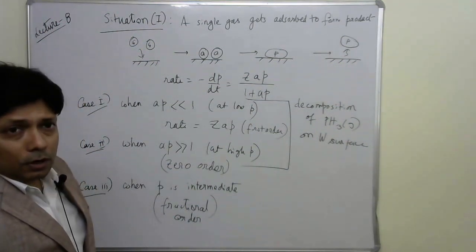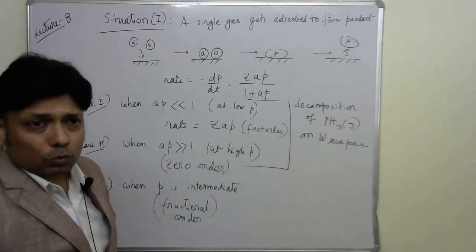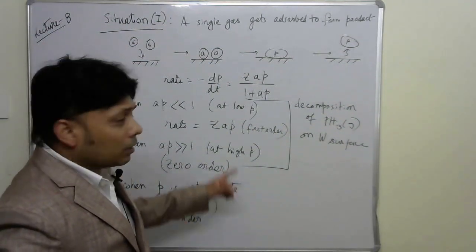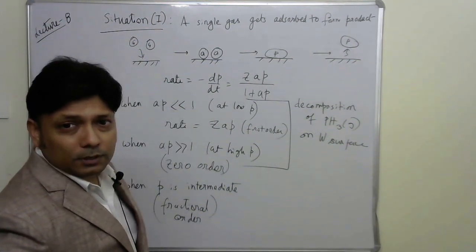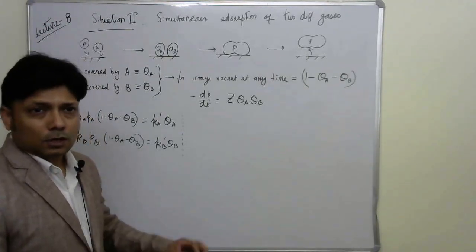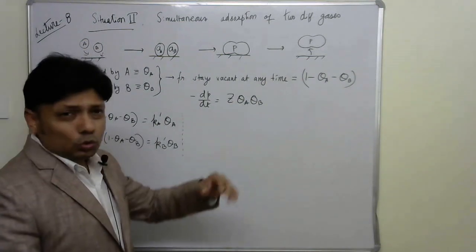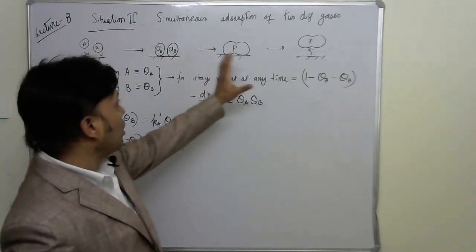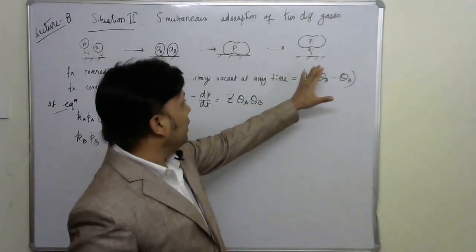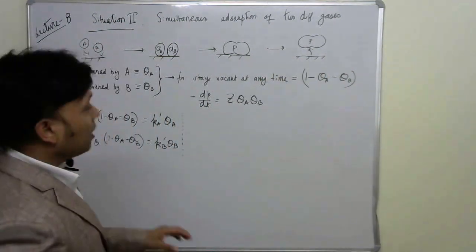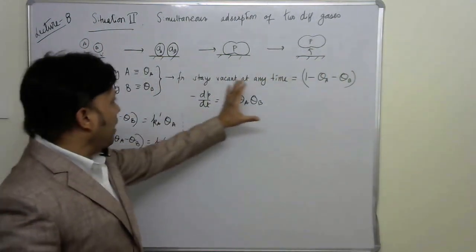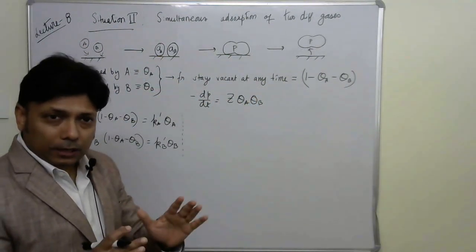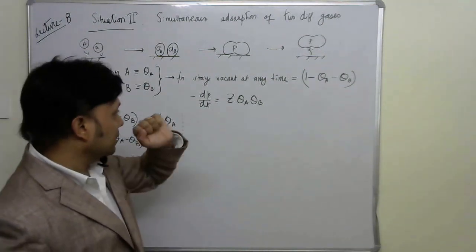And therefore we come to situation 2, where two different types of gas molecules are getting adsorbed. So I'm going to describe this here. In the second situation, two different gas molecules are simultaneously getting adsorbed on adjacent sites. So now we would encounter two different types of theta, that means the fraction of occupancy.